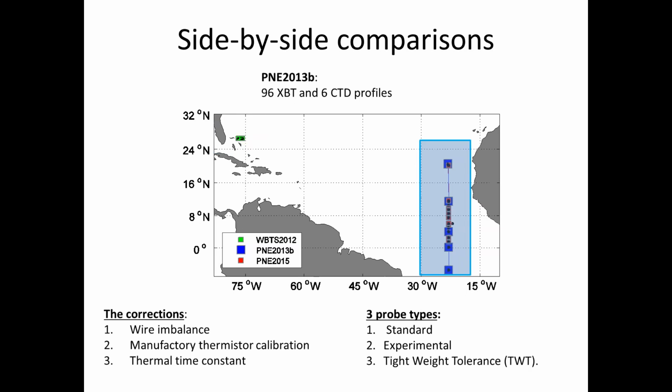And the 2013B cruise, where we deployed almost 100 XBTs, is the most comprehensive that I'm going to show here. We deployed 3 different probes, the 2 already mentioned, and a tight weight tolerance probe, where we reduce the variability of the mass of the probe. And I'll talk a little bit more about each probe itself and what it can improve in the data.